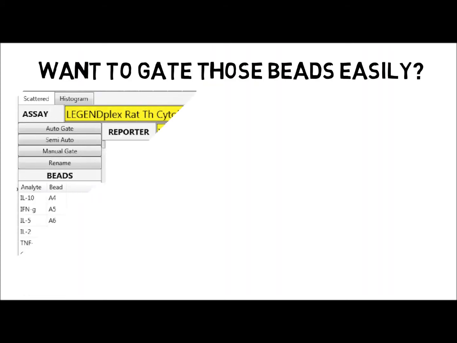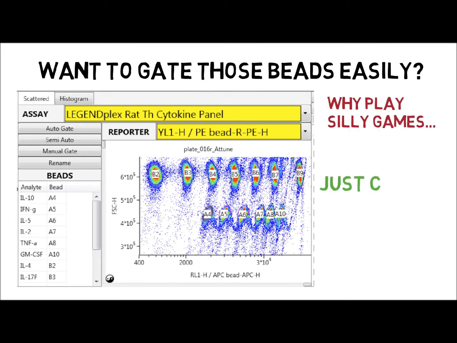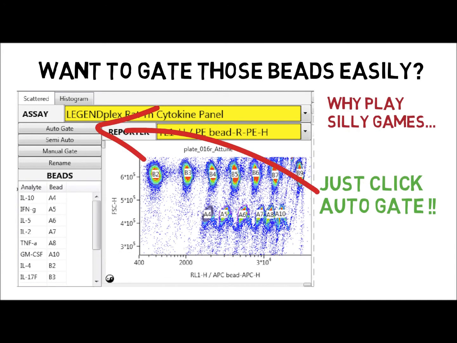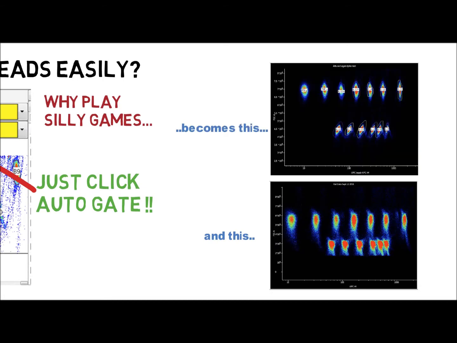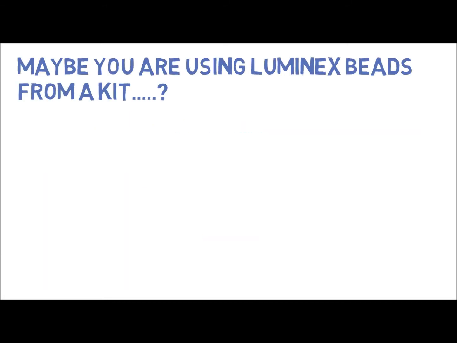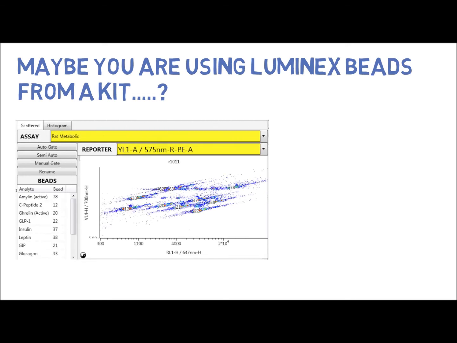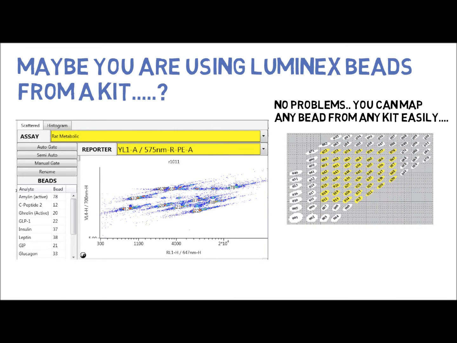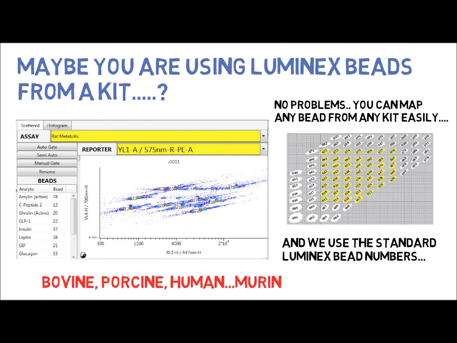So you want to gate those beads easily? Why play silly games? Just click Auto Gate. And this becomes this. Maybe you're using Luminex beads from a kit. No problem. You can map any bead from any kit easily, and we use the standard Luminex bead numbers: bovine, porcine, human, murine, whatever.